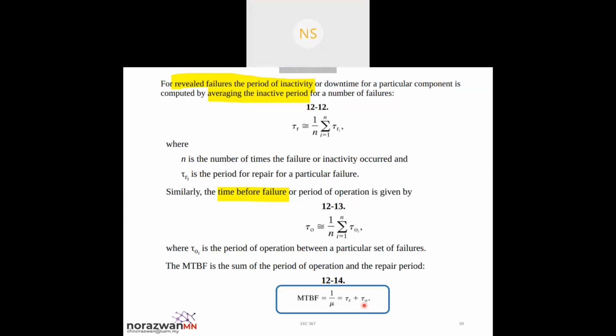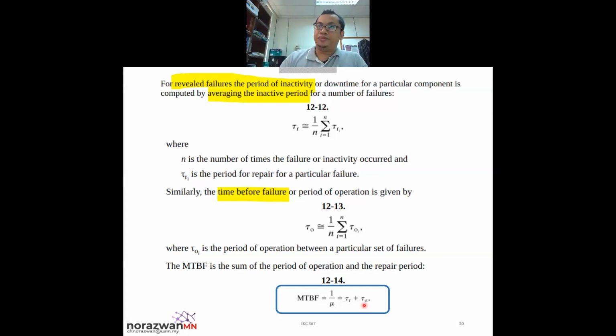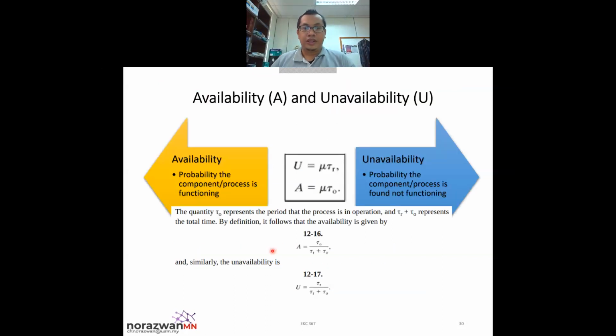So basically, this is MTBF. You have tau R and also tau naught. After you have revealed failures and unrevealed failures, there are other terms: availability and unavailability, A and U. This is a very direct definition.